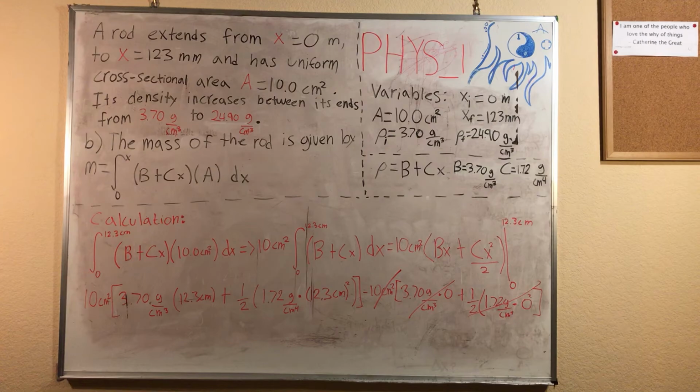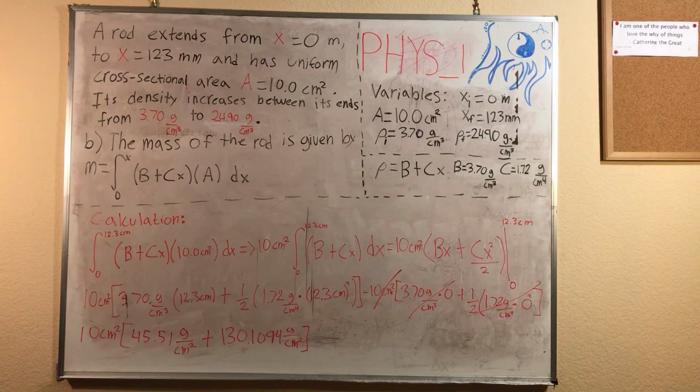Now multiplying the left side, we get 10 centimeters squared times all of 45.51 grams over centimeters squared plus 130.1094 grams over centimeters squared. Remember, our units got multiplied too, lowering the power to centimeters squared.